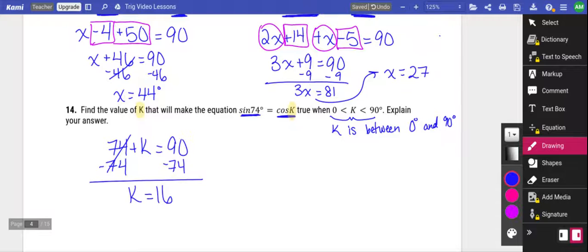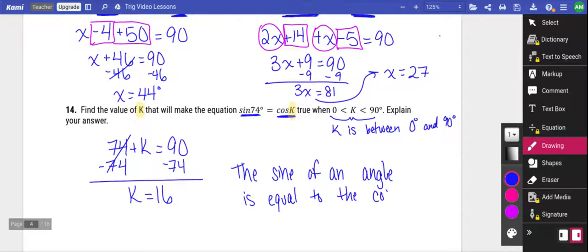Now it says explain. So we're going to explain and we're going to say the sine of an angle is equal to the cosine of its complement.